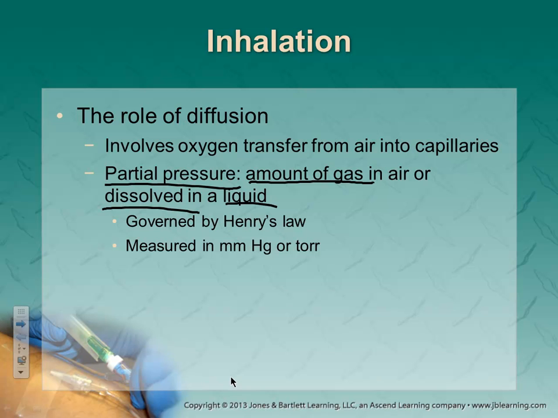Carbon dioxide diffuses into the alveoli and is eliminated during exhalation. Oxygen and carbon dioxide both diffuse until the partial pressure is equal. And then, once arterial blood reaches the tissues, oxygen diffuses into the tissue and then into the cells, and carbon dioxide diffuses out of the cells and into the fluid in the blood.